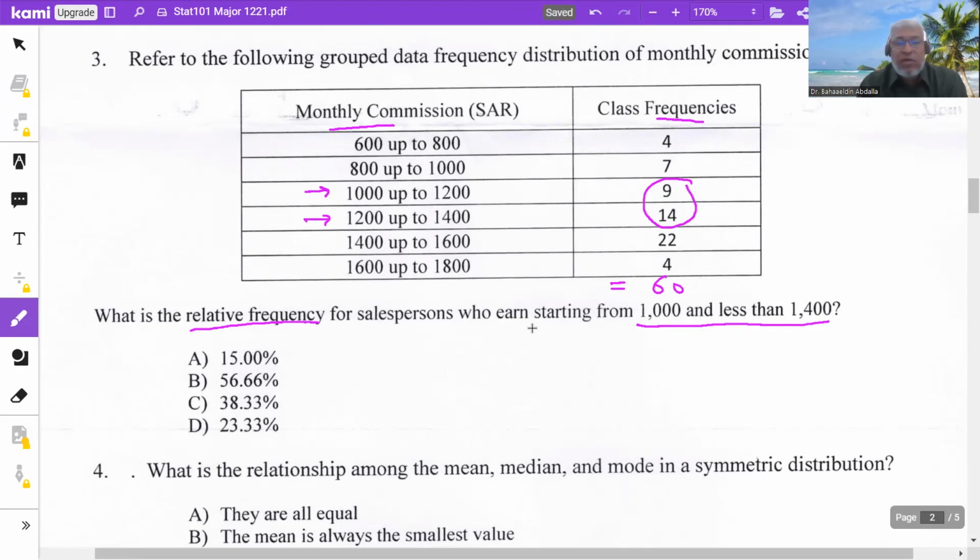So the relative frequency of them would be 9 plus 14, which is 23, over 60, which is the total number of frequencies. If you use the calculator, you will find that the answer is 0.38333. So this is the relative frequency. If you want to write it as a percentage, you multiply by 100. You notice that the answer is C, 38.33.